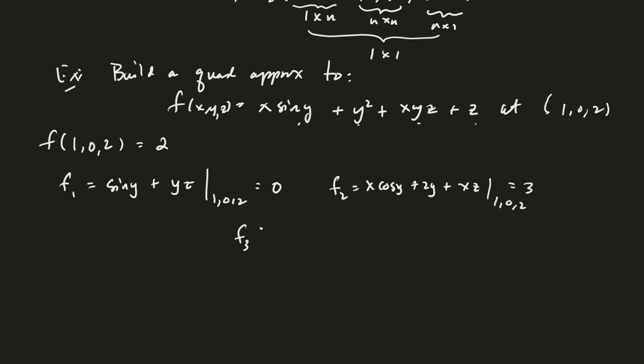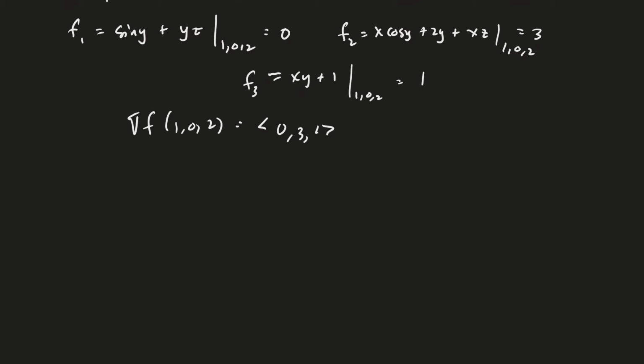F sub 3 is the derivative with respect to z, which is xy plus 1, evaluated at 1, 0, 2, and that is 1. Good. And so therefore, the gradient of f at (1, 0, 2) is the vector (0, 3, 1). Good. All right. How about the second derivatives?